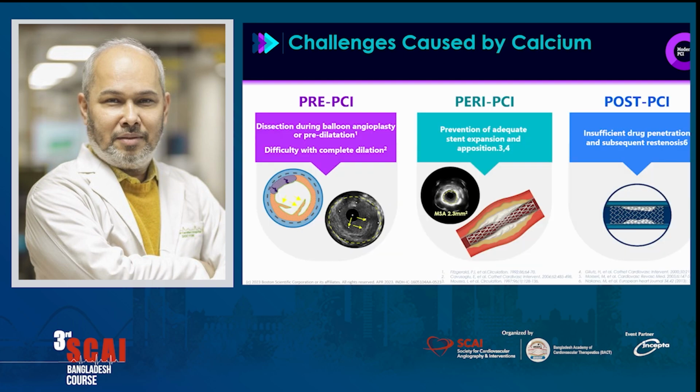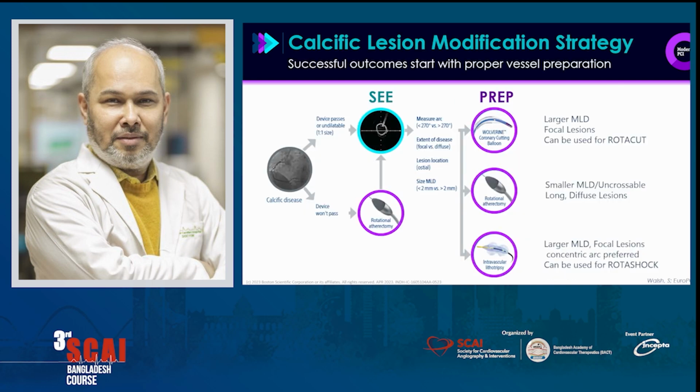Again, the challenges in pre-PCI calcium management: adequate pre-dilation may not be done, there is difficulty with complete dilatation peri-procedure, adequate stent expansion is prevented, and post-PCI insufficient drug penetration and subsequent restenosis chance is very high. So, if you see adequately, you can prepare the lesion.